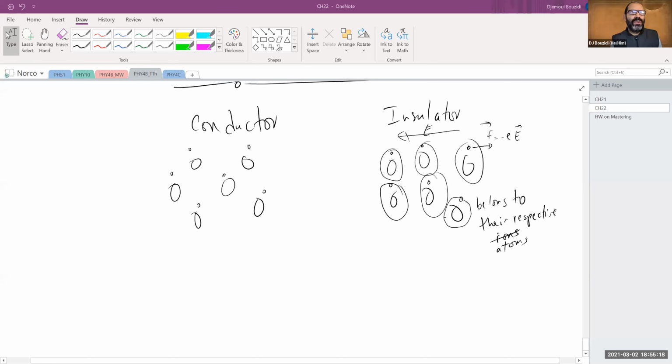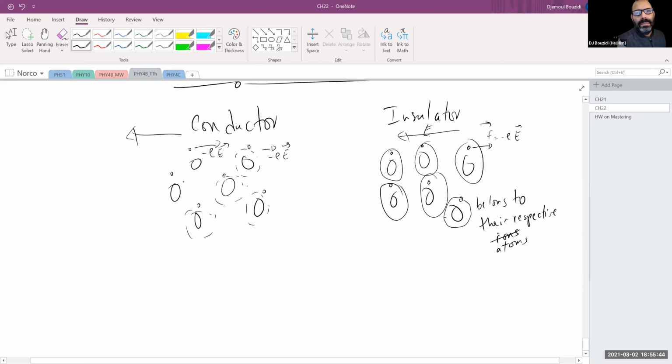But it's much easier with a conductor. You don't need that much electric field. If you apply the same electric field to a conductor, these electrons start moving right away, because they experience this force. They're not strongly, if you wish, committed to their own atoms.